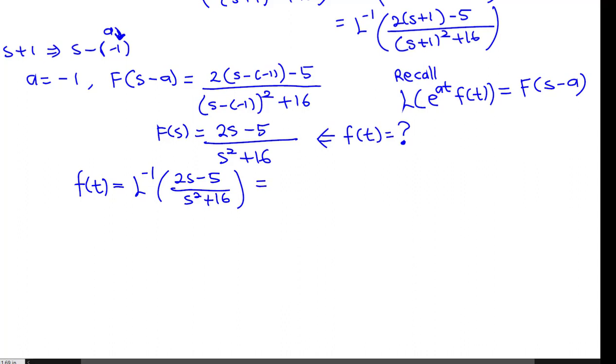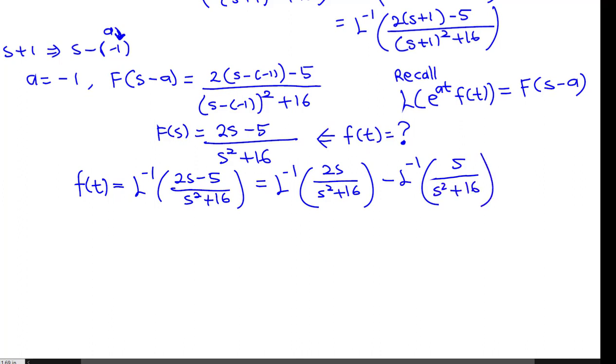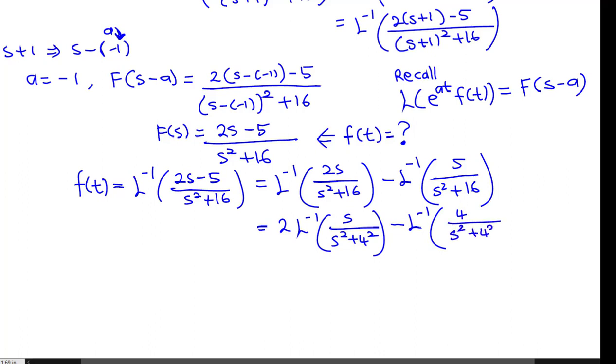This one you can split: Laplace inverse 2s divided by s² + 16 minus Laplace inverse 5 divided by s² + 16. So this one you factor 2, you get Laplace inverse s over s² + 4² minus Laplace inverse 4 over s² + 4² times 5 over 4.